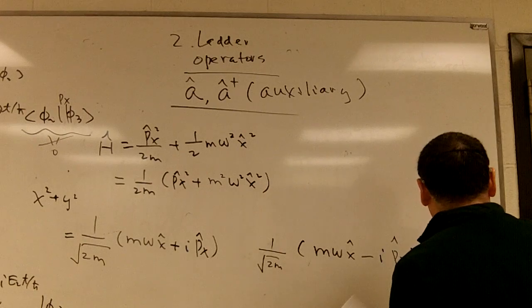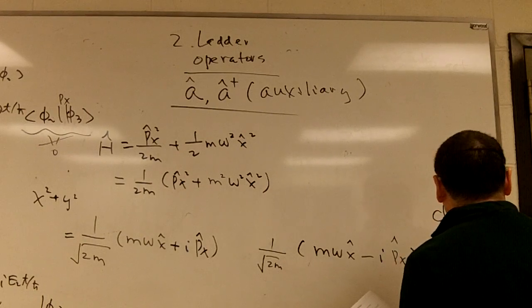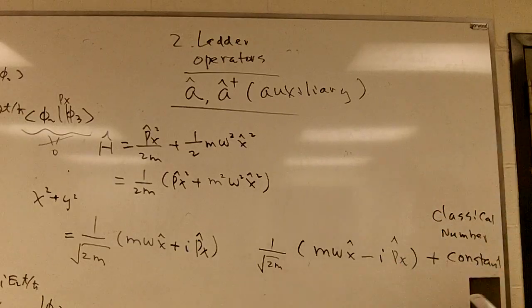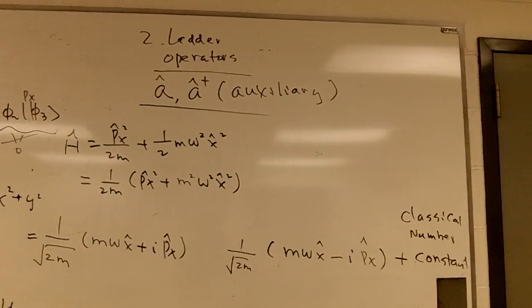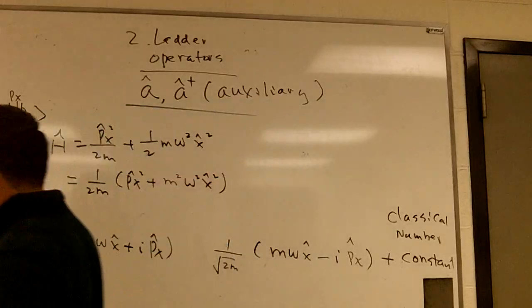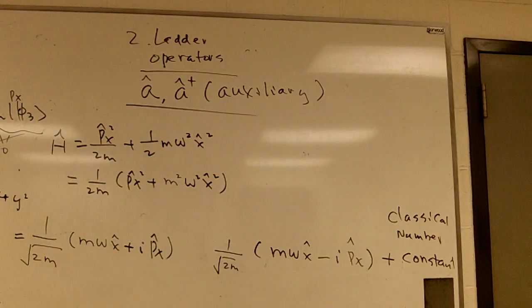This is a classical number, not a quantum number, so it's not an operator. So I must have this extra term come out like this. Essentially we used the same split as we did last time, just splitting it into two. But we don't like this term. You see we have 2ab. We don't like this term.